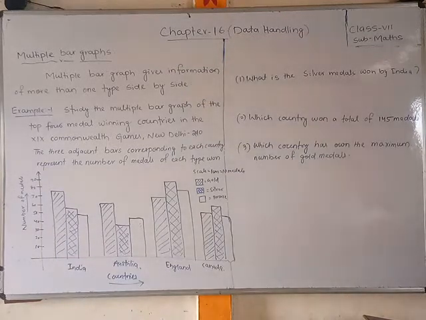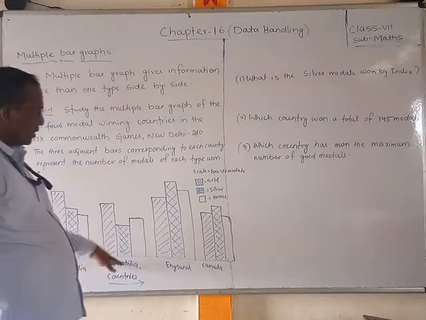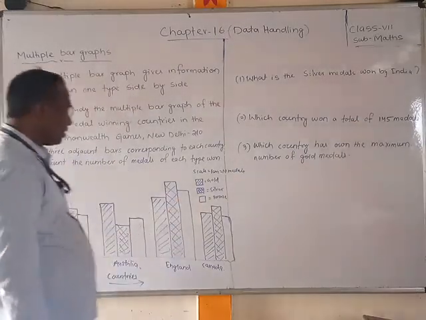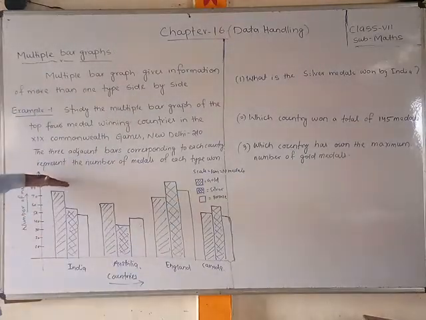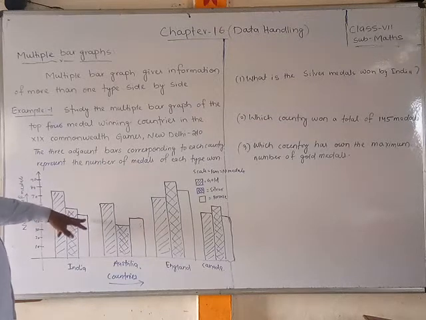Now we can check the questions, students. You should find out first, then we can go for the answer. Here I have drawn 3 bars each for India, Australia, England, and Canada. For India, this is gold, this is silver, and this is bronze.